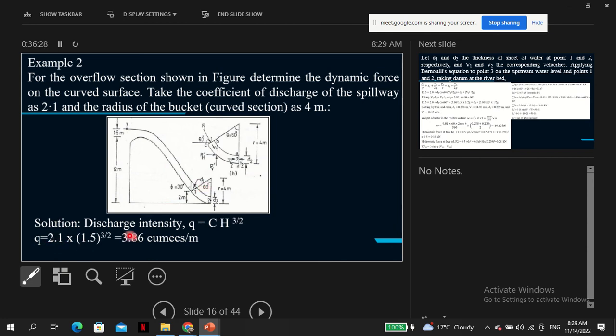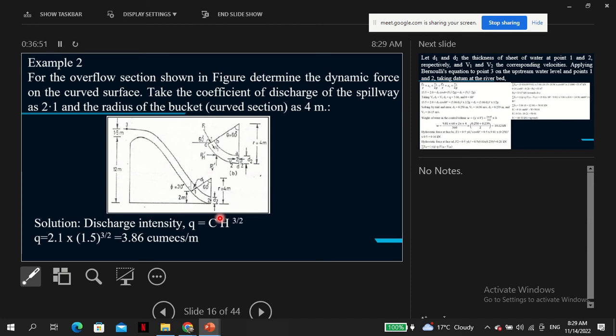So this is 2.1 times the height, which is 1.5, based on the driving head. So Q max is 3 cubic meters per second, per meter.